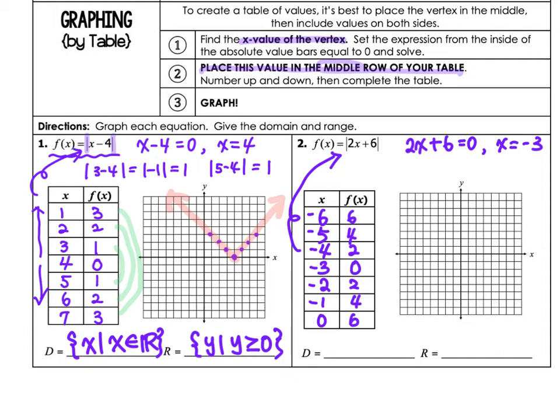So let's plot the points and connect them to draw the graph. So the domain is all real numbers. Range is greater than or equal to 0.